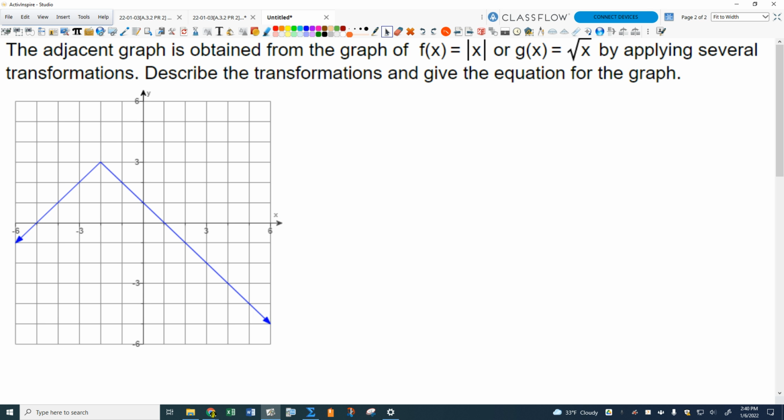Okay. So there's the picture, right? They're giving us the graph, and now they're wanting us to answer these questions.